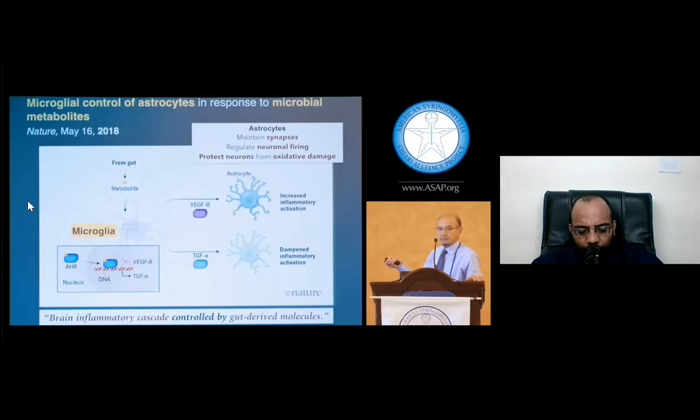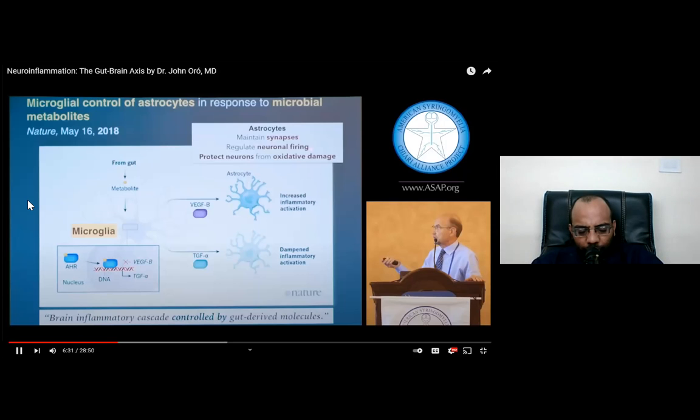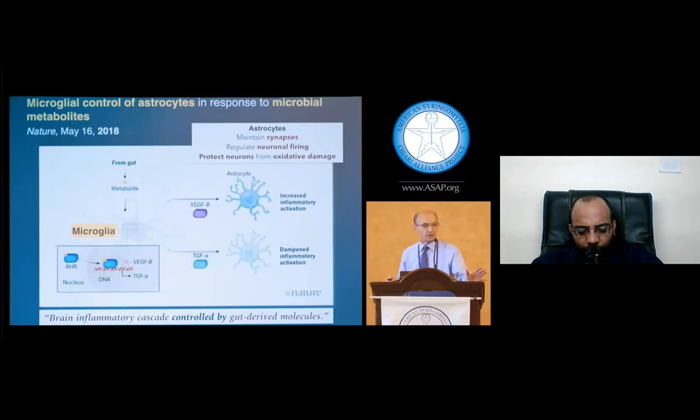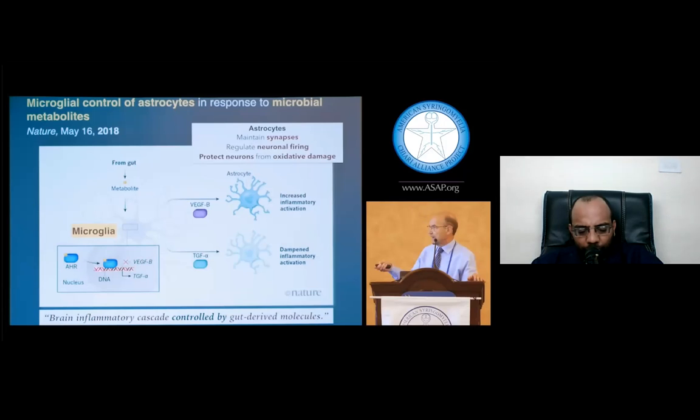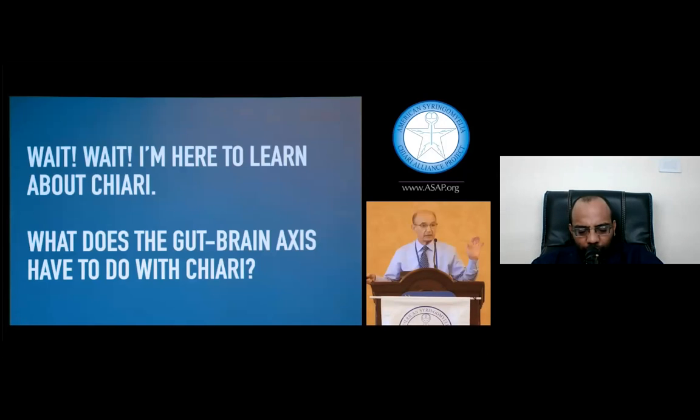They regulate our synapses, the neuronal firing, and they protect the nerves from oxidative damage. If our astrocytes are inflamed, our neurons aren't going to work as well, and they'll be dysfunctional. Here's a summary: the brain inflammatory cascade is controlled by gut-derived molecules.